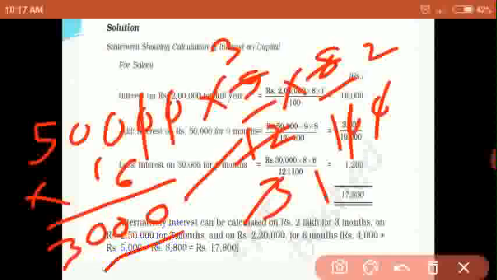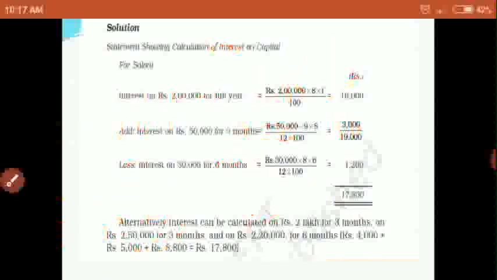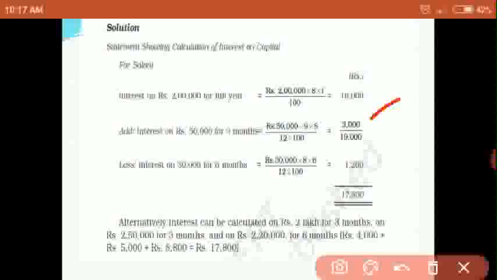So this is 3,000 rupees interest for the additional capital for 9 months at 8%. Already interest on capital for 2 lakh is 16,000. 16,000 plus 3,000 is 19,000.